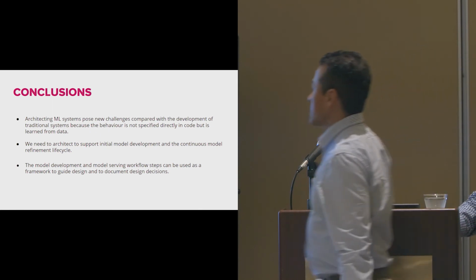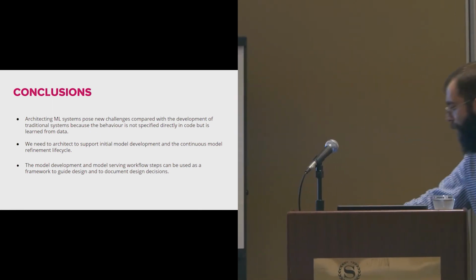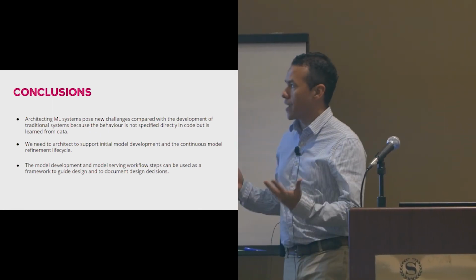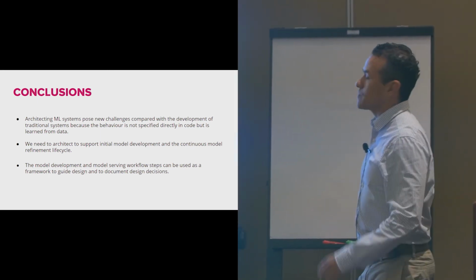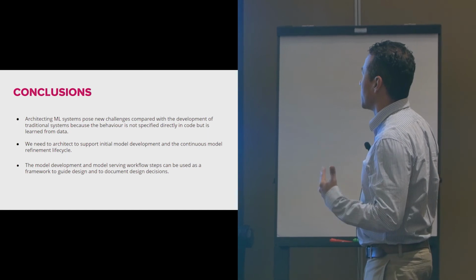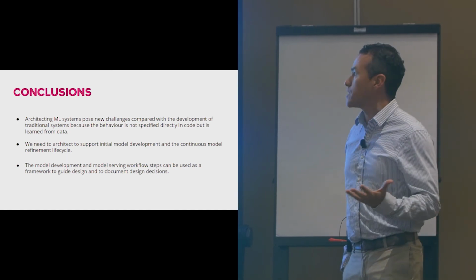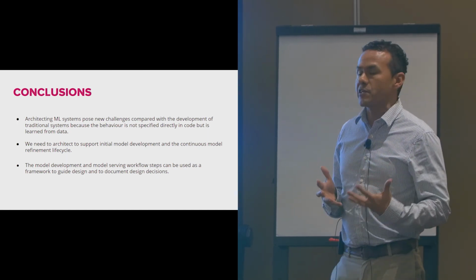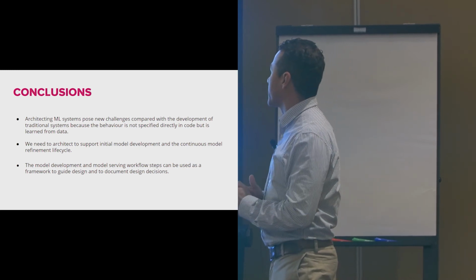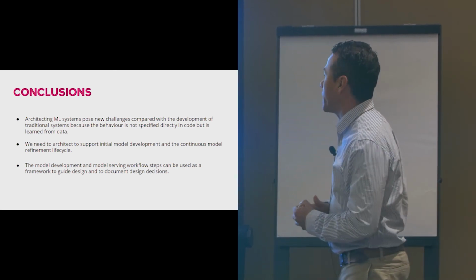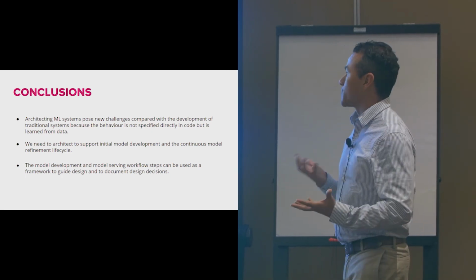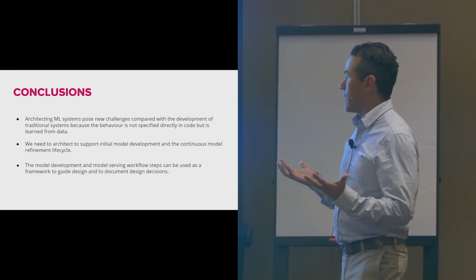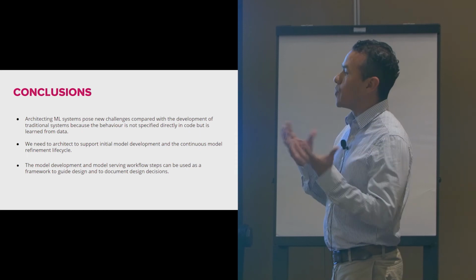So as a conclusion, I hope that in this presentation we were able to show you that architecting machine learning systems poses new challenges compared to the development of traditional systems, because of this situation where the behavior is not specified directly in code, but is learned from data. So when architecting the systems that support machine learning, we need to make decisions considering both workflows.